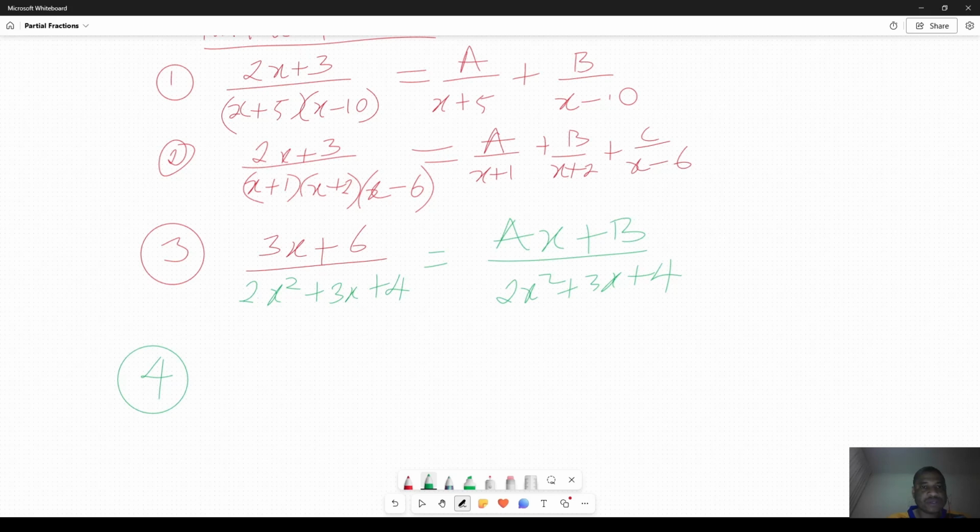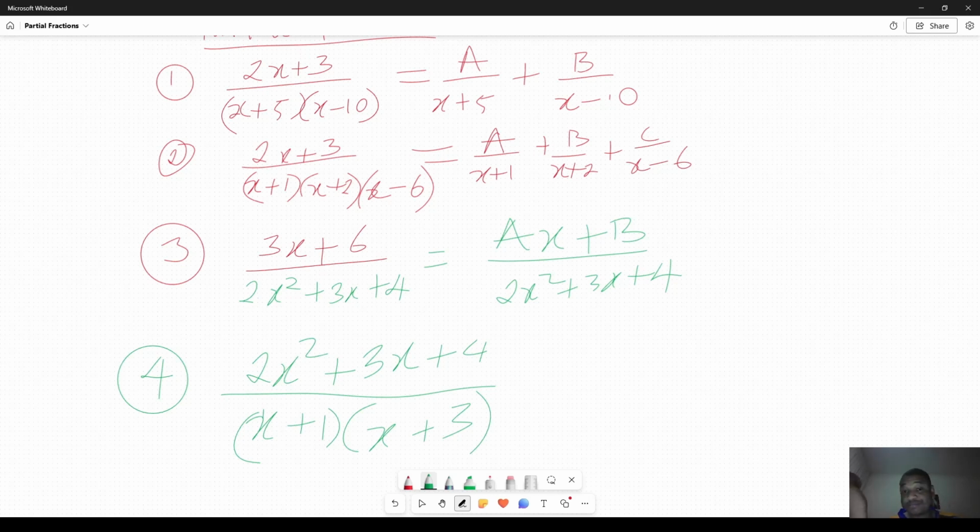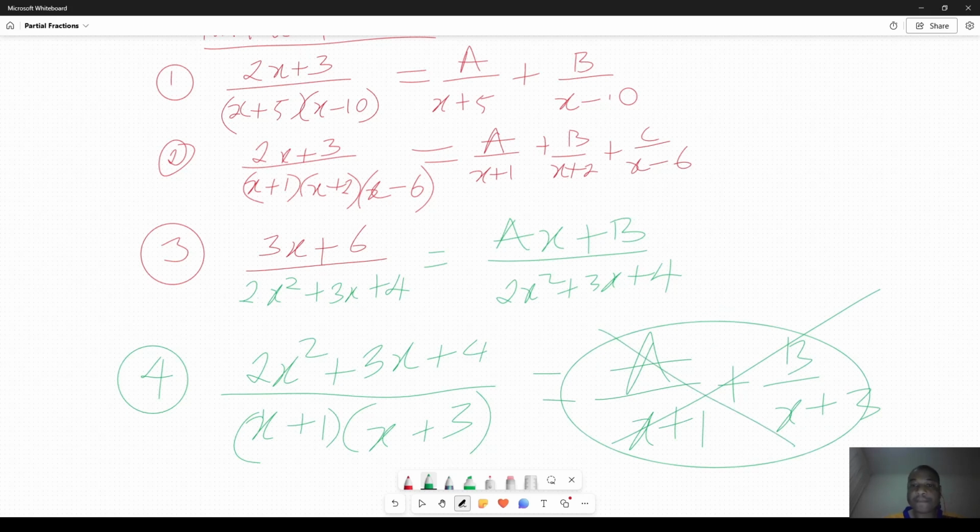Let me put 2x squared plus 3x plus 4 over x plus 1, x plus 3. What do we do? Some of you will just go and do A over x plus 1 plus B over x plus 3. This is wrong.